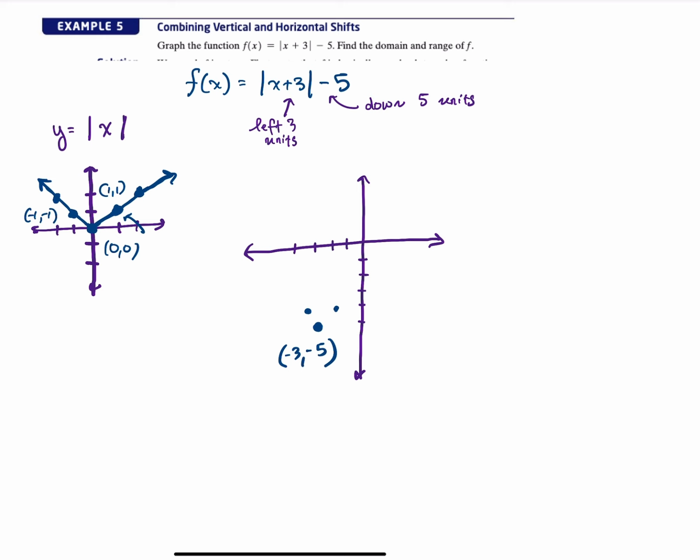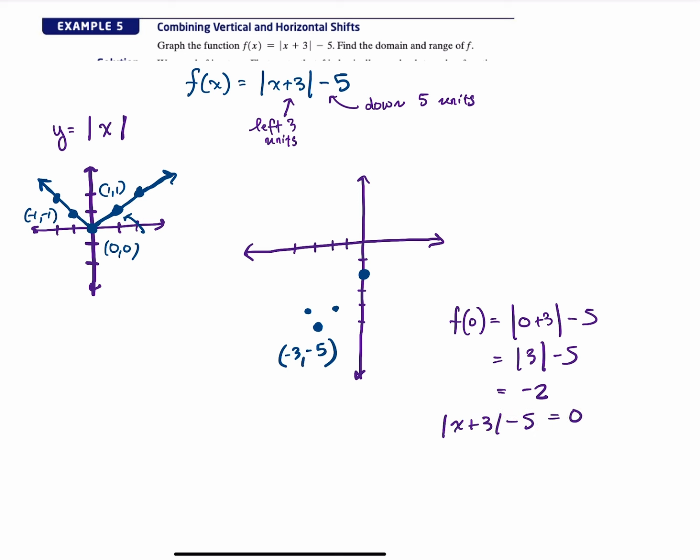Well, we can find the y-intercept by plugging in 0 for x. So f of 0 would be absolute value of 0 plus 3 minus 5. That's absolute value of 3 minus 5, or negative 2. So I can imagine, yeah, that looks about right. I'll have some point going through there. What about the x-intercepts? Well, we would set it equal to 0 and solve.